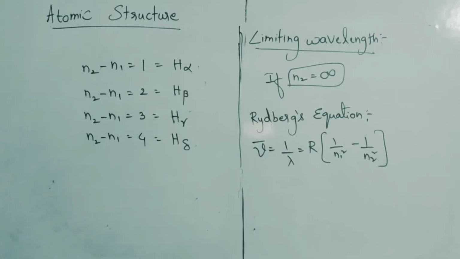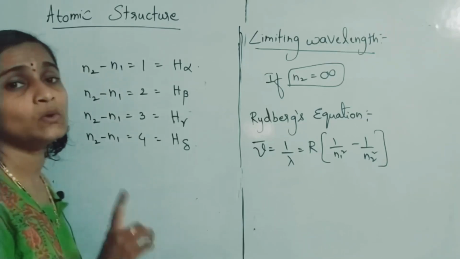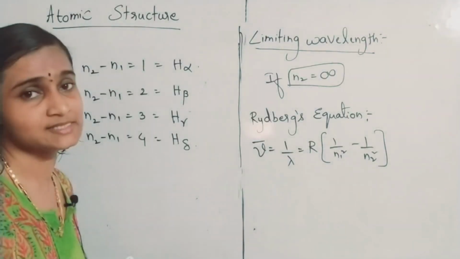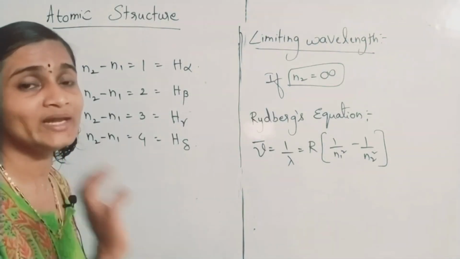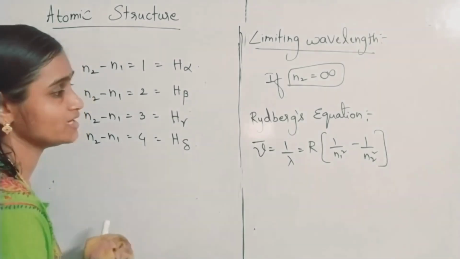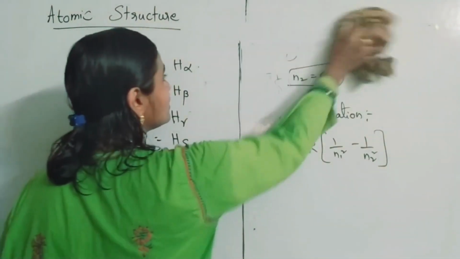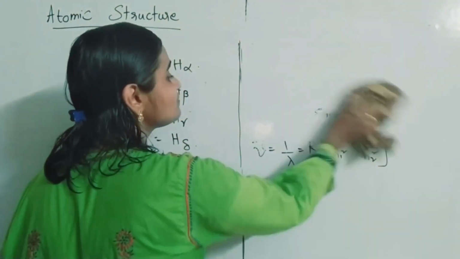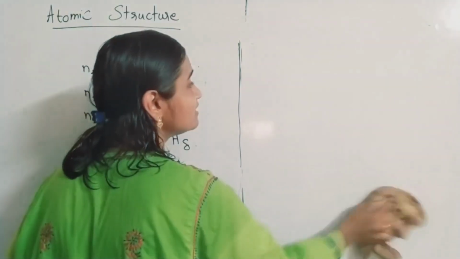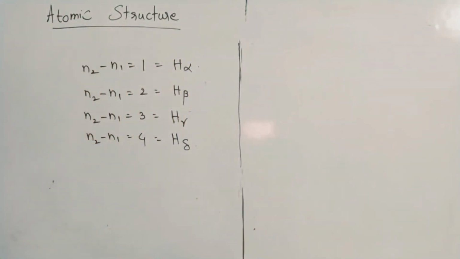In this hydrogen spectrum, Balmer series is the only series which is visible to our eyes. Visible spectrum is only Balmer series. Please remember that point. You have certain wavelengths of colored radiations and you have to remember those wavelengths also.